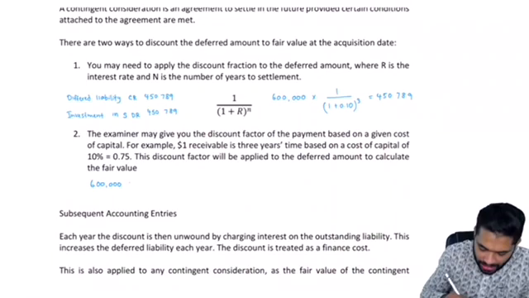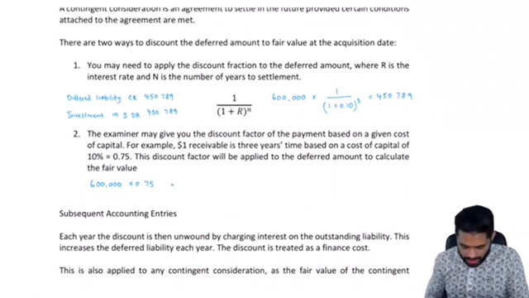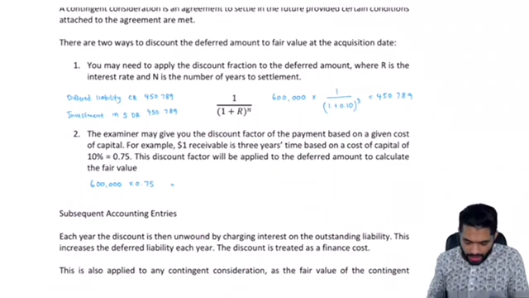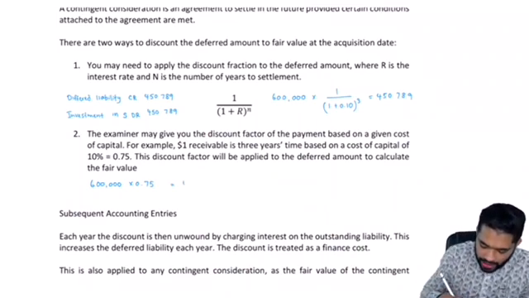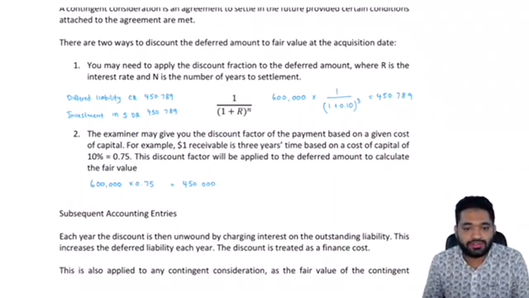So 600,000 into 0.75, you'll be looking at 450,000. So you'll be recognizing your deferred liability, your deferred payments, at 450,000. So those are the two methods.